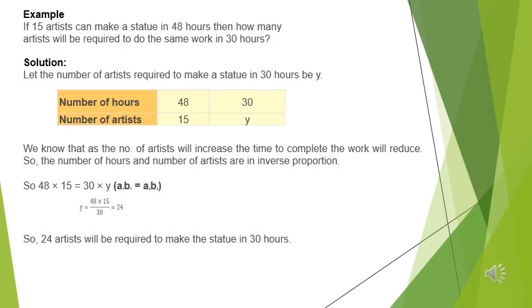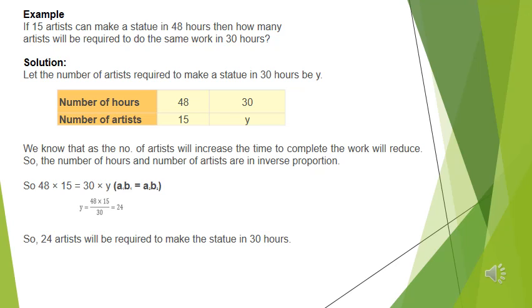Similarly, we apply that concept to this question. This is an example of inverse variation. When the number of artists increases, the time taken by them is less for the given work.